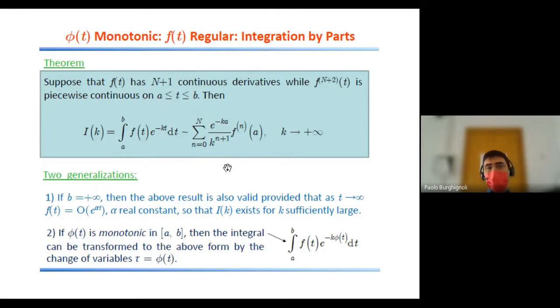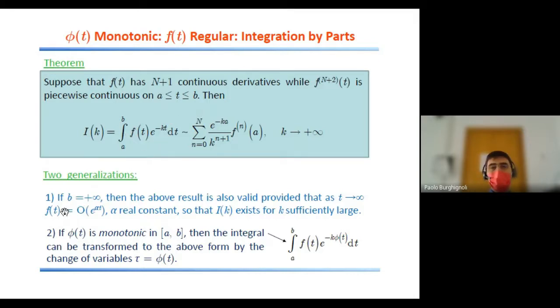This result can be generalized in at least two directions. First of all, we can allow the upper integration limit to be infinite, and the result would remain valid. However, we must require that the upper integration limit, which is now infinity, does not cause any trouble. For example, we may require that our function f is of the order of some exponential e to alpha t, where alpha is some real constant, so that the integrand can be integrated in the neighborhood of infinity, at least for sufficiently large values of k.